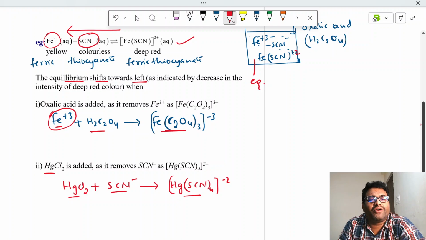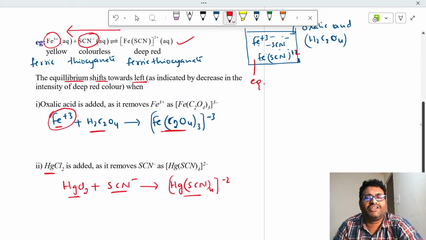So the net rate of backward reaction is more, which means the equilibrium is shifted to the reactant side. Understood? So this is how a change in the concentration of reactant or product shifts the equilibrium position.